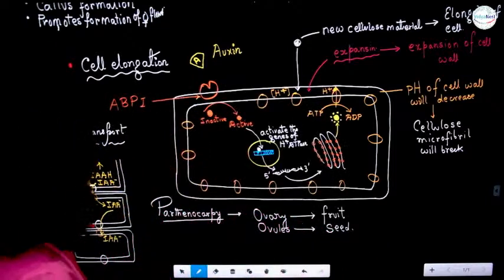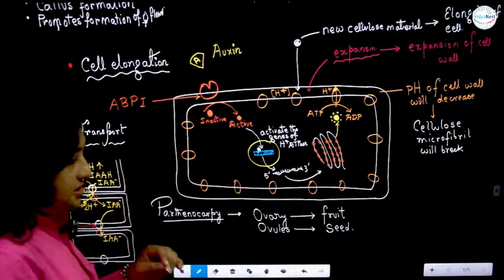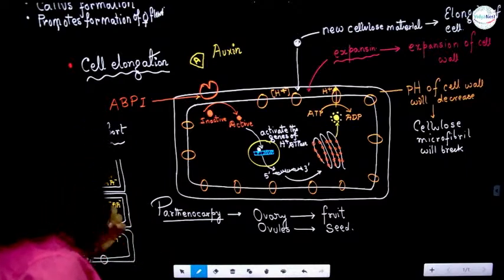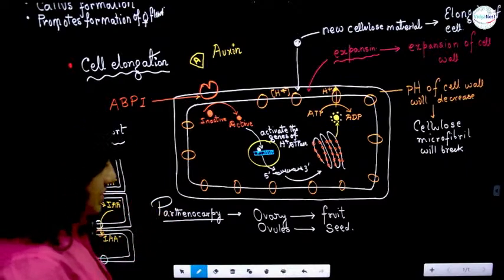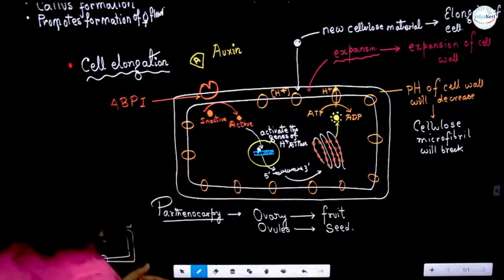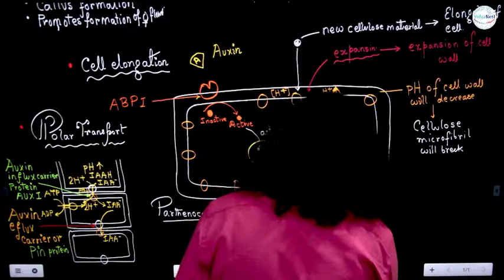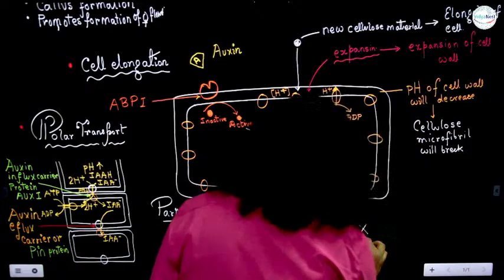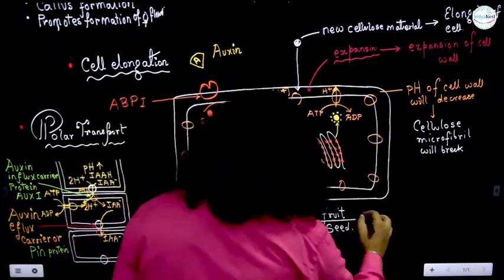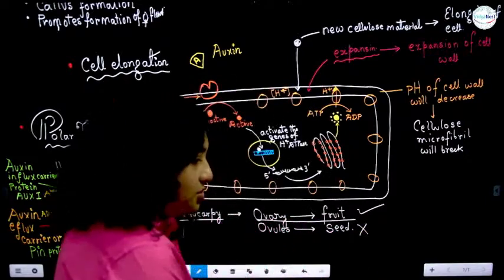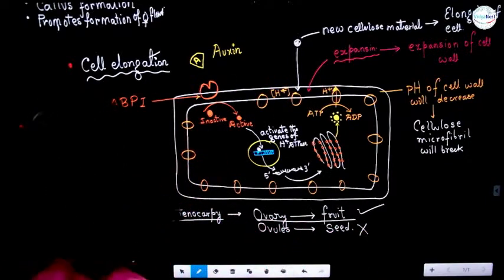This takes place with fertilization. But in case of parthenocarpy, the ovary transforms into fruit, but the ovules do not change into seed. So this happens in case of parthenocarpy.